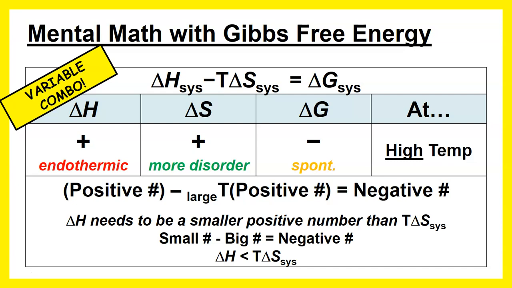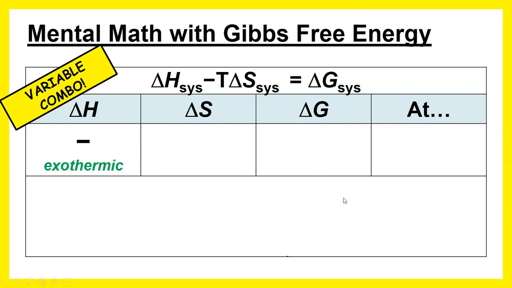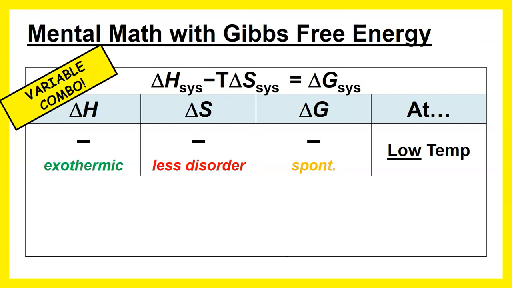Now there's another combo that's kind of variable. What if this time we have an exothermic reaction? That's thermodynamically favorable. That's good. But our entropy is decreasing. There is a way for that to end up spontaneous, but this time it needs to be at a low enough temperature.